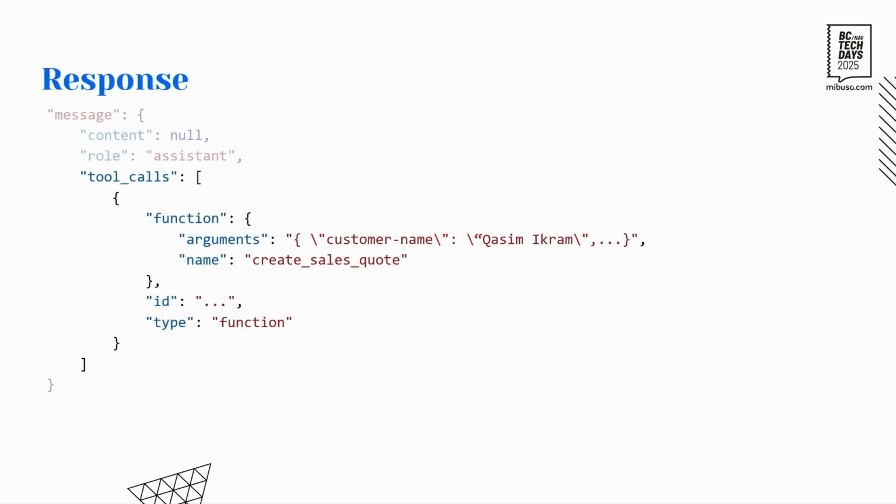the helmet. Now the response from the model is basically a tool calls of type function. The model was smart enough based on this request to identify the intent was create sales code. And then there's an argument object which basically has all the parameters that we have defined in the function definition.